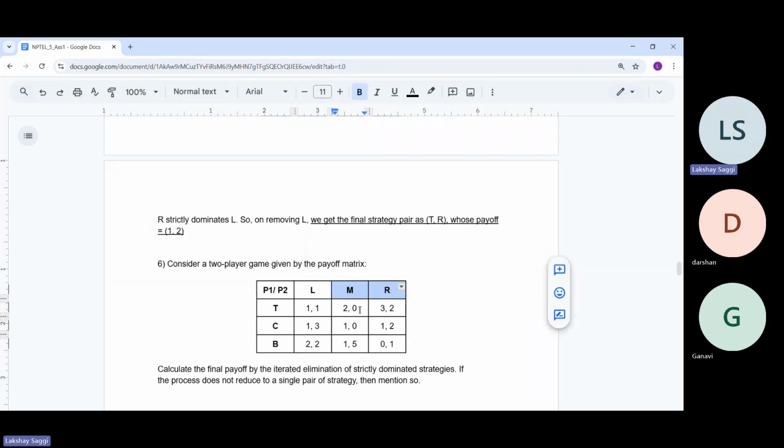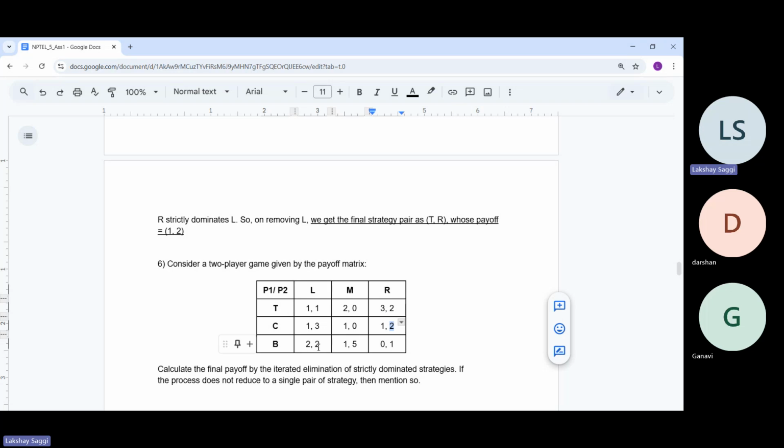Between M and R, if the row player played T, the payoff is 0 for the column player on M, and on R it's 2. So R is better than M if the row player played T. Similarly, if the row player played C, again R is better than M because 2 is greater than 0.